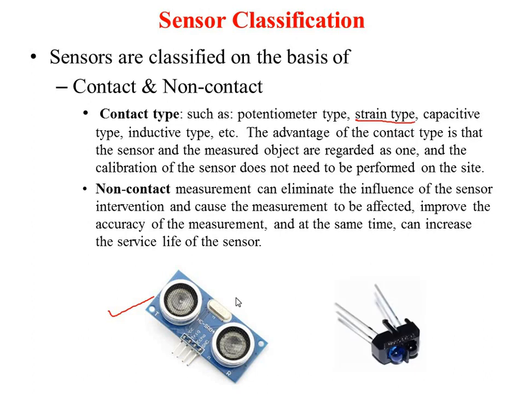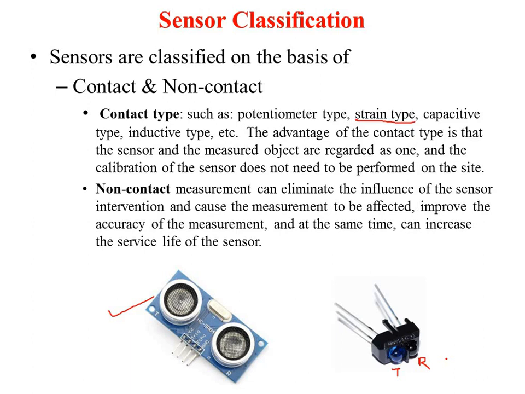Another sensor is the IR sensor. Here it is a transmitter, and this is a receiver. In most of the toilets you can find such kind of sensors, or even in your doors also.